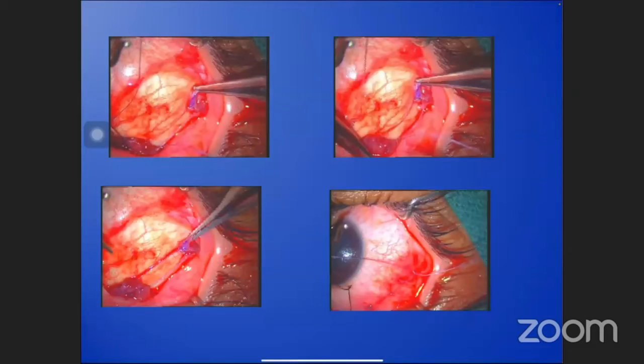So basically, like this, we recess this, cut it into two parts, and suspend this with the help of two sutures.